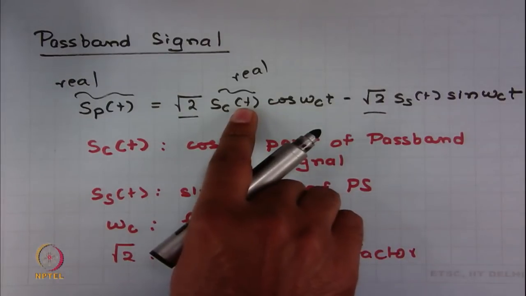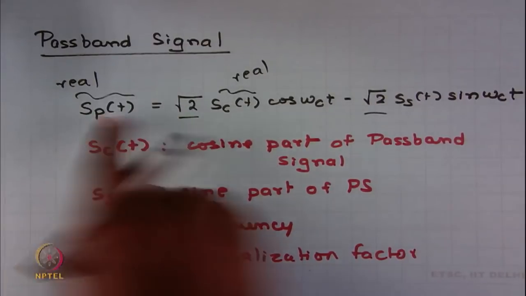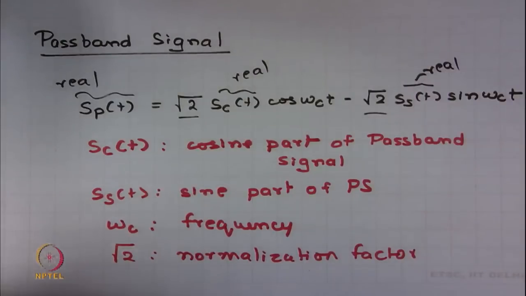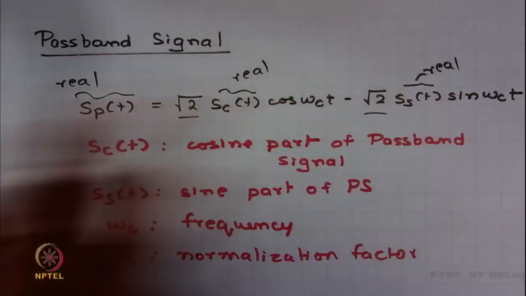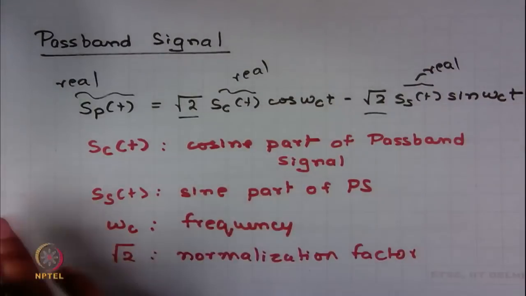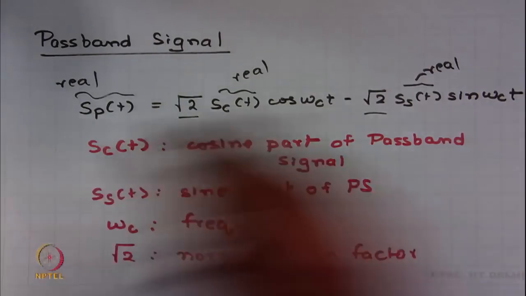So, it has to be real if you want S_P(t) to be real. Similarly, S_S(t) is also a real signal. So, everything is real in this equation, there is no complex quantity involved here. Okay. So, this is how a passband signal equation looks.